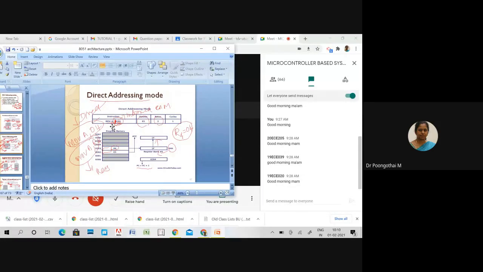Just to summarize all the addressing modes, I think I have explained clearly. What is direct addressing mode?